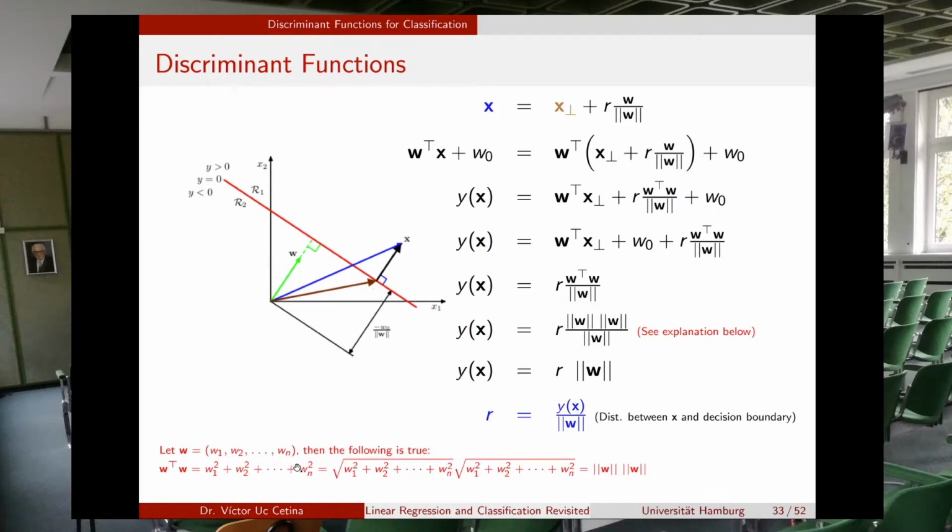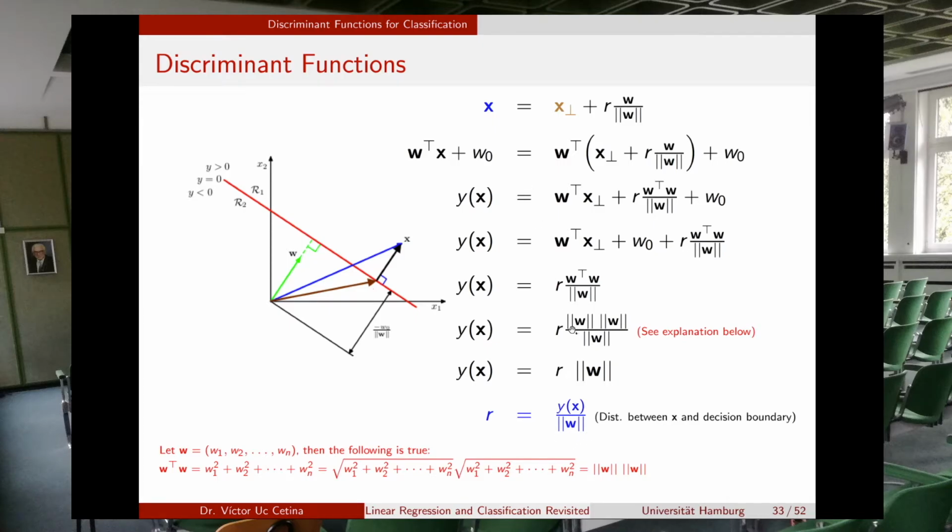And this expression here can be written as the square root of this expression times itself. And this is the definition of the norm of a vector. So this is mainly the product of the norm of the vector w. So this is the same as this.